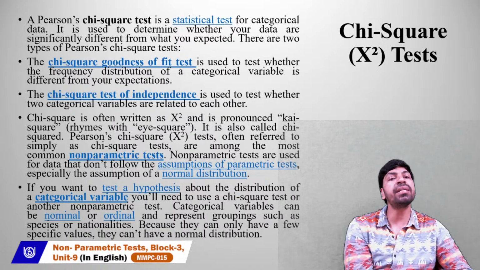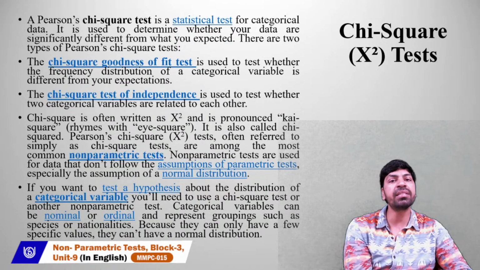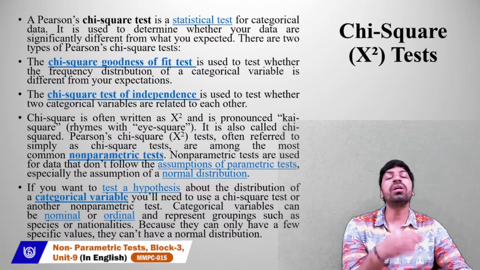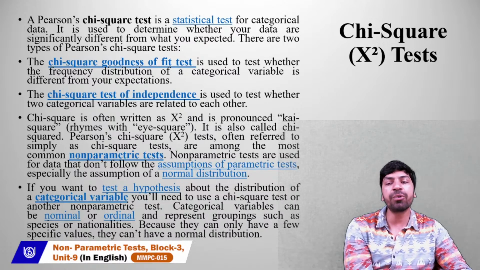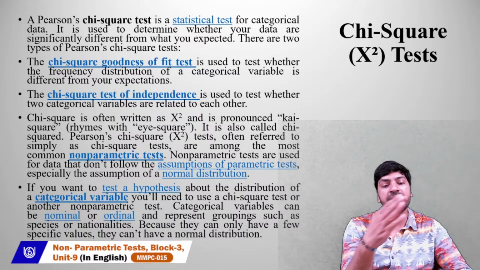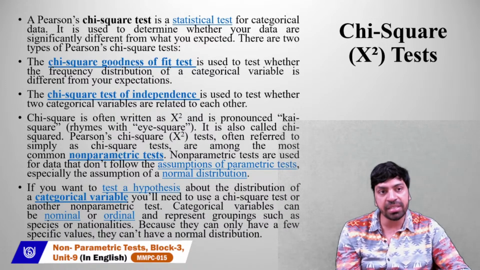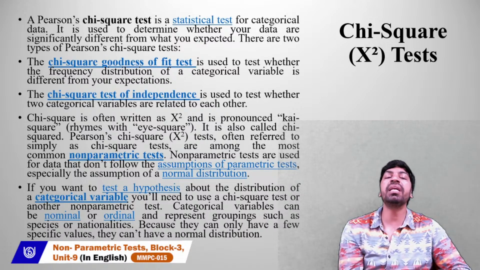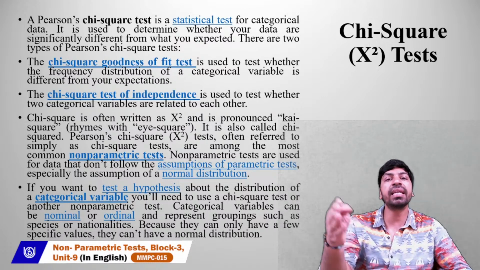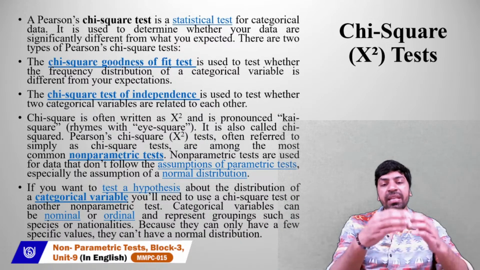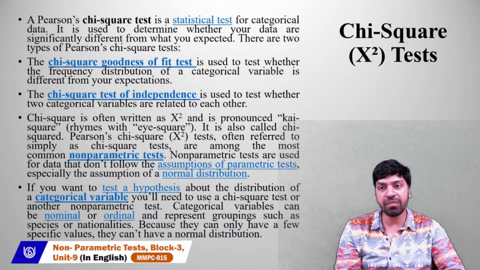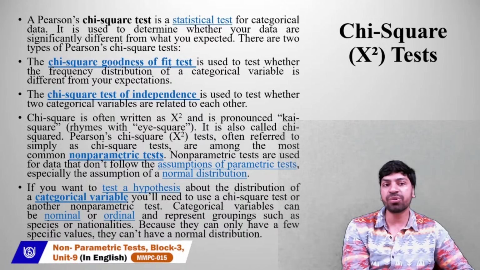The Pearson chi-square test is a statistical test which is mainly used on categorical data. When data has been categorized, like A, B, C, D, E, F, we have to apply the chi-square test.